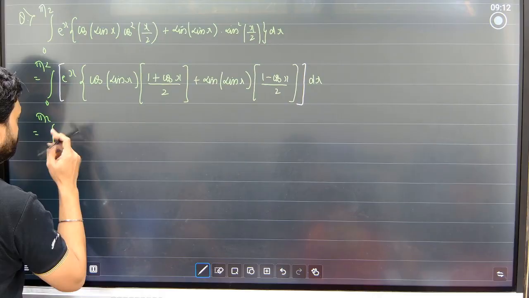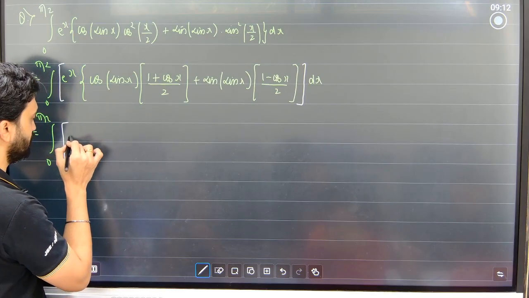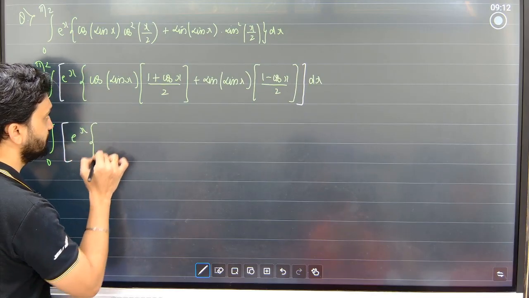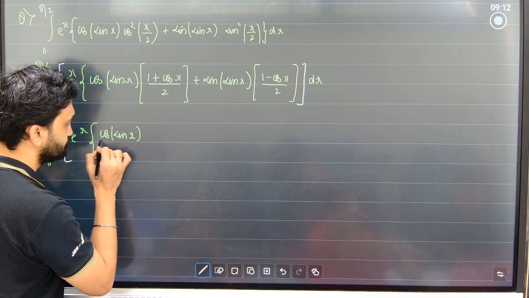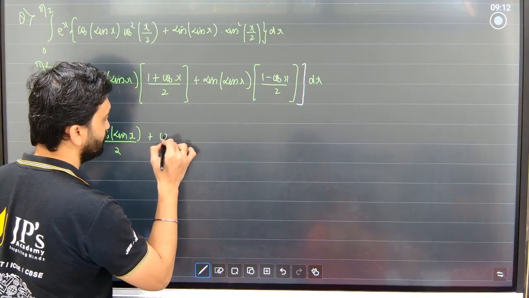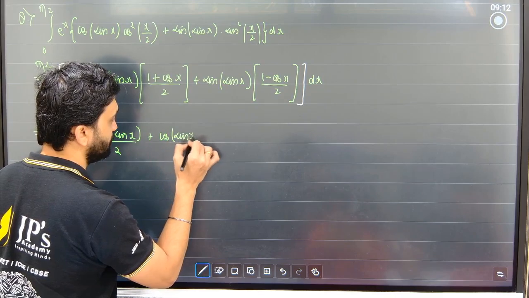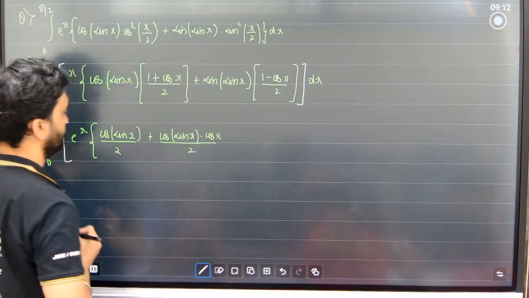0 to pi by 2. When I open the bracket, I'll keep e raised to x as it is. This will become cos of sin x upon 2 plus cos of sin x into cos x by 2.